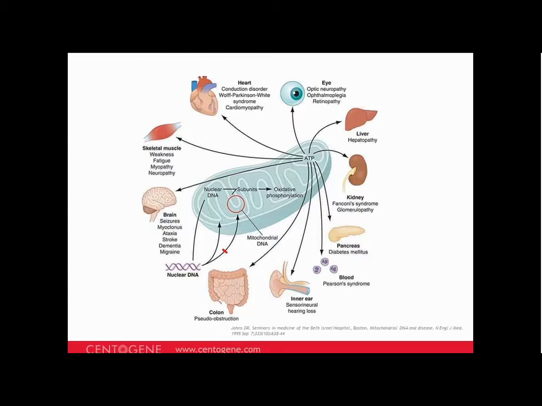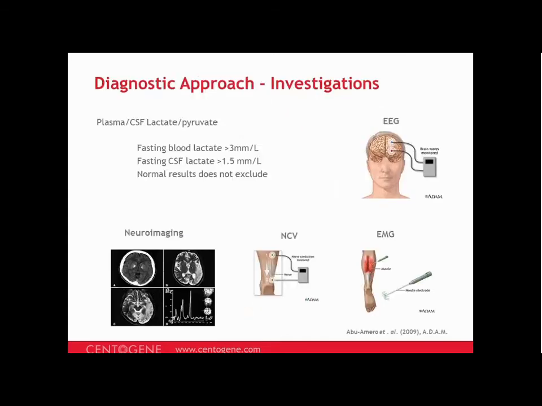And of course, after clinical investigations and physical examinations, there are some investigations that will be helpful for the decision about diagnosis and for choosing the appropriate testing later on. I guess the easiest ones are plasma lactate measurements and cerebral MRI findings.